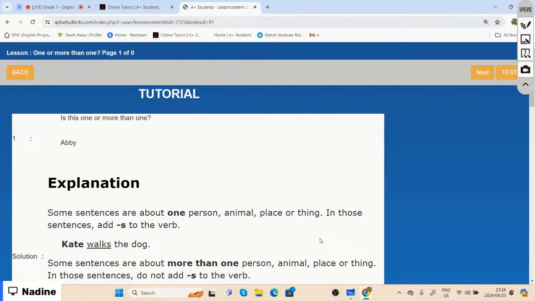But as soon as more than one person, more than one animal, more than one place, or more than one thing does the action, then we only say walk, talk, make, run, jump without the S. So well done.